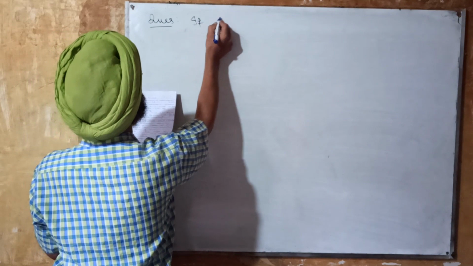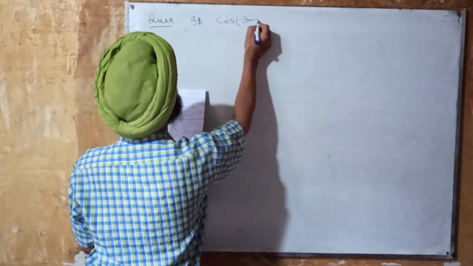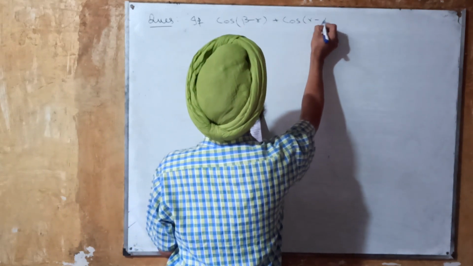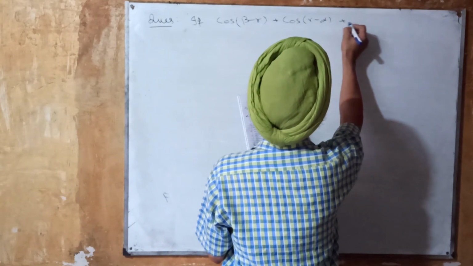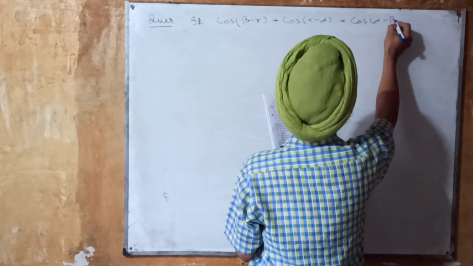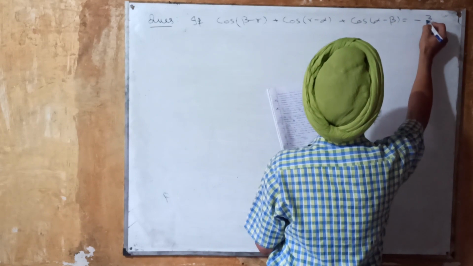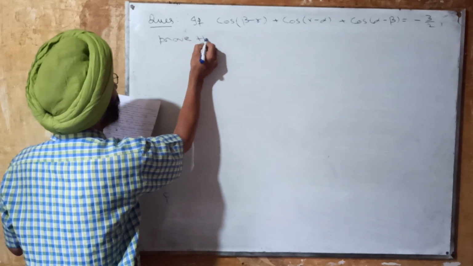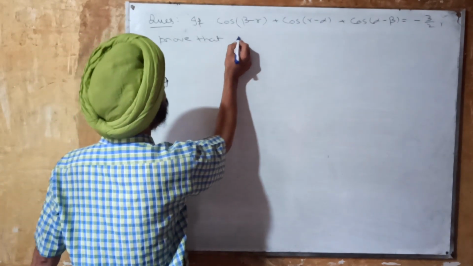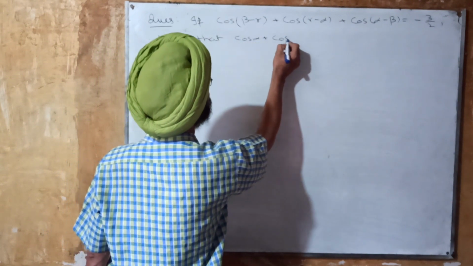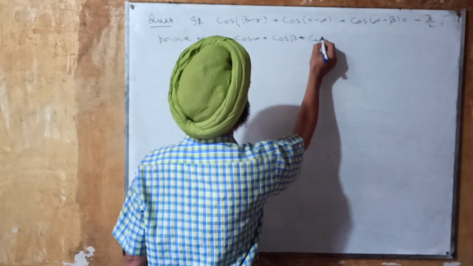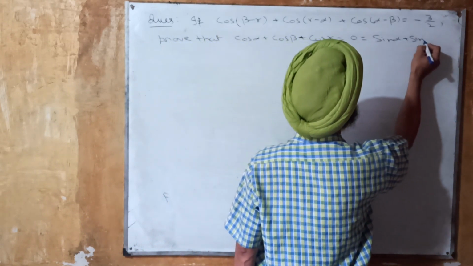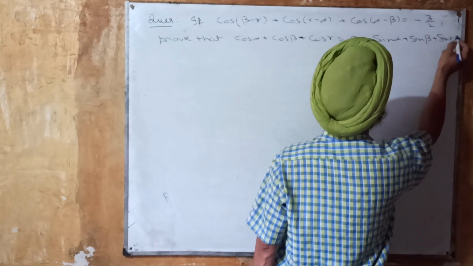If cos(beta minus gamma) plus cos(gamma minus alpha) plus cos(alpha minus beta) is equal to minus 3 by 2, prove that cos alpha plus cos beta plus cos gamma is equal to 0, which is equal to sin alpha plus sin beta plus sin gamma.